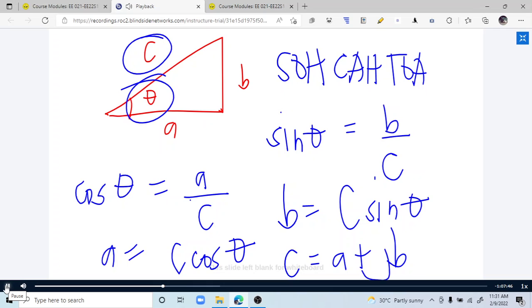So since it's already on your default format, we can now go with the complex mode. Okay? So how can we go on to the complex mode? Just press mode on the left side of the on button.